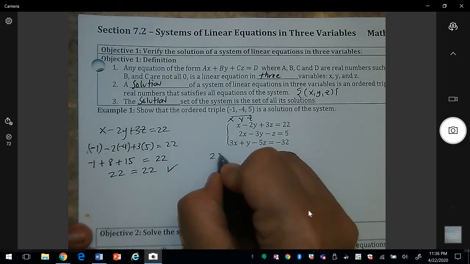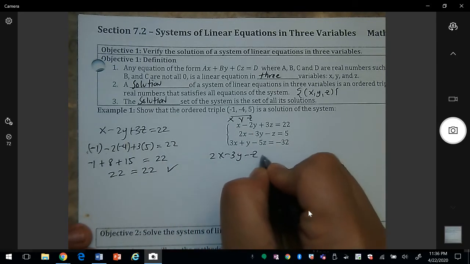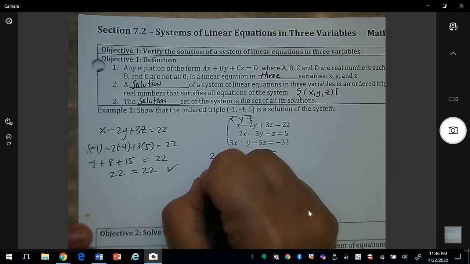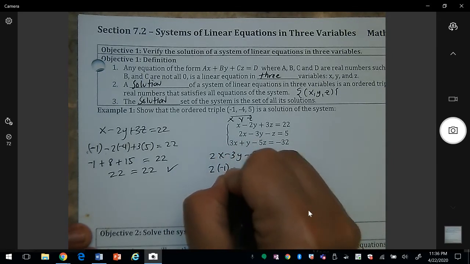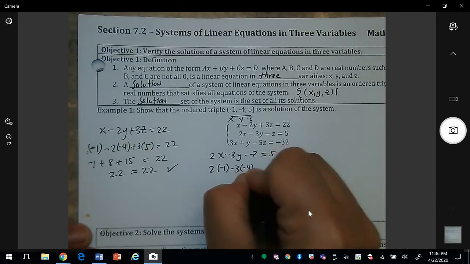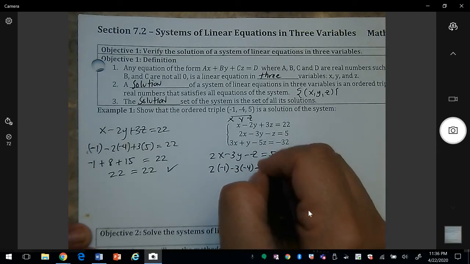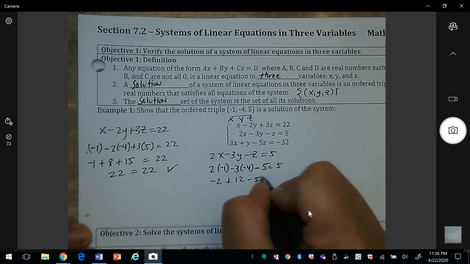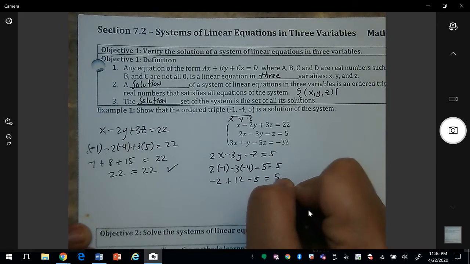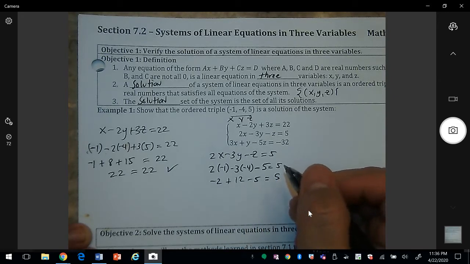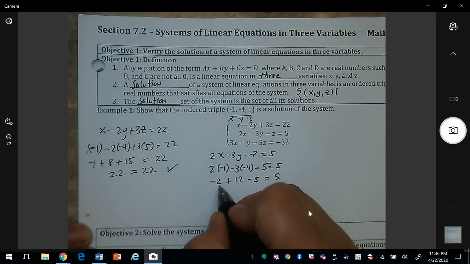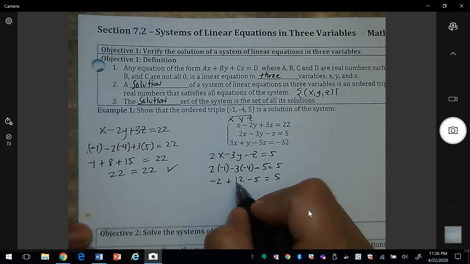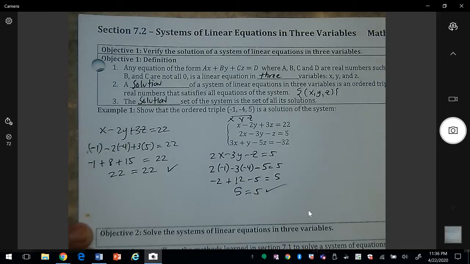Now we need to check the second equation. Remember, an ordered triple is a solution only if it satisfies all three equations. So here we get -2 plus 12 minus 5 is equal to 5. -2 plus 12 is 10, minus 5 is 5. So that satisfies this equation.